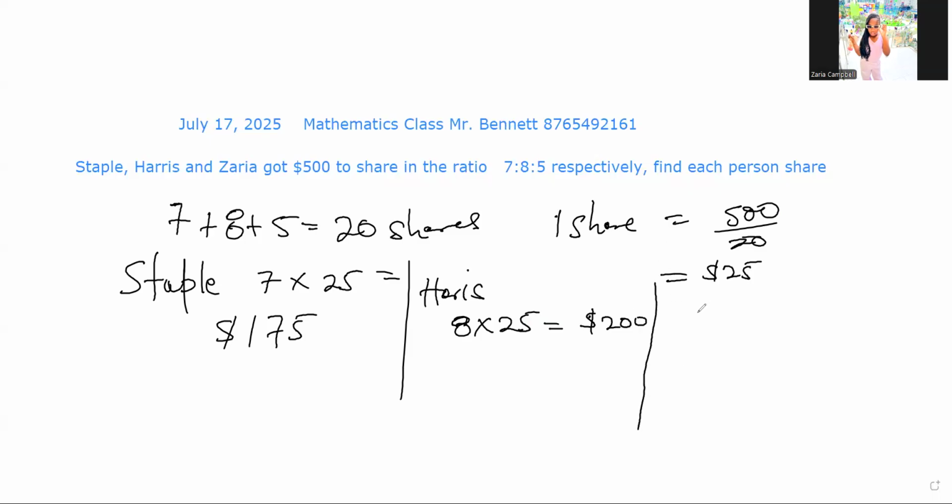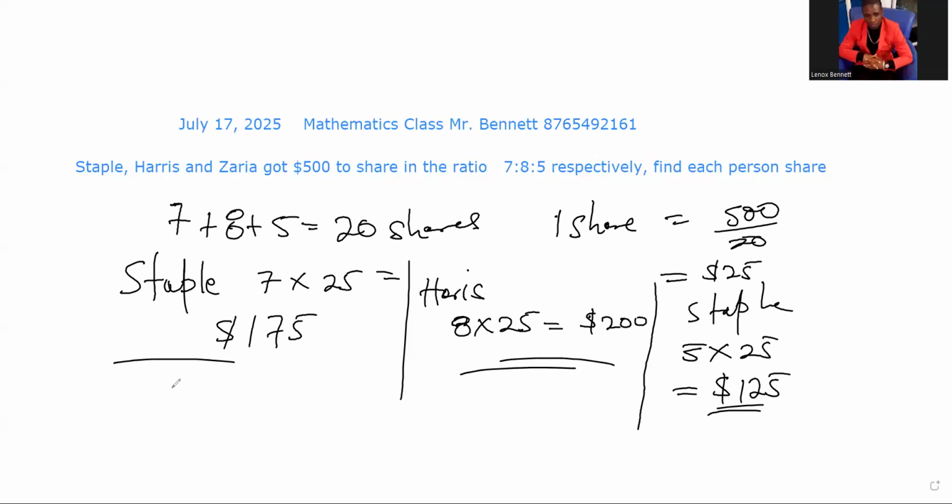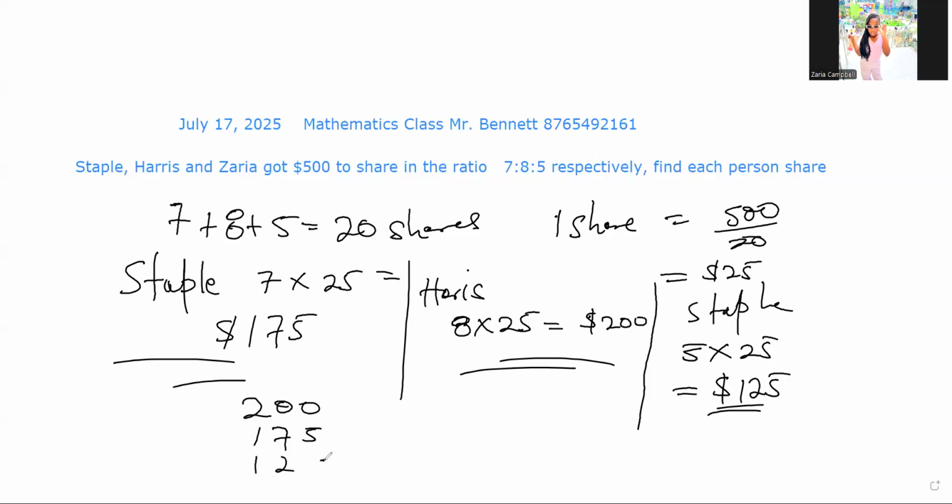And my share. 5 shares equal 25 times 5, which equals $125. Very good. When we add 200 plus 175 and 125.